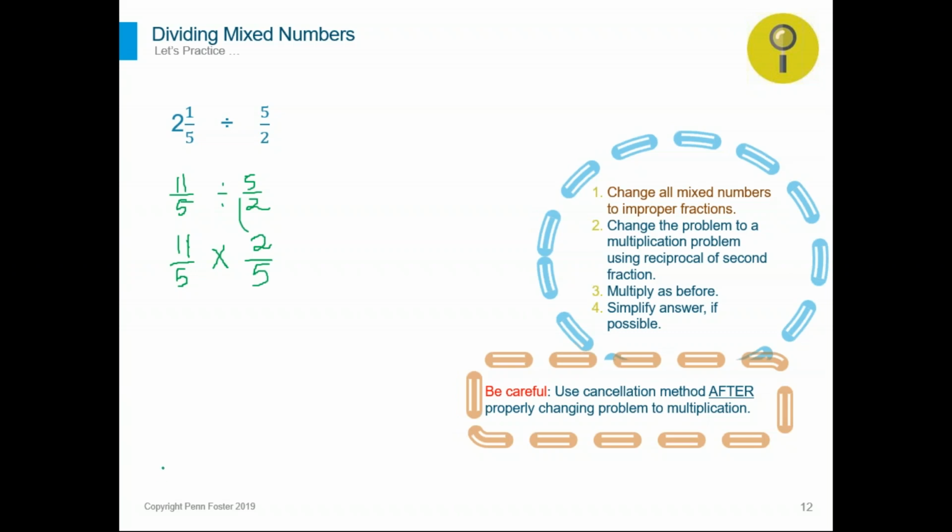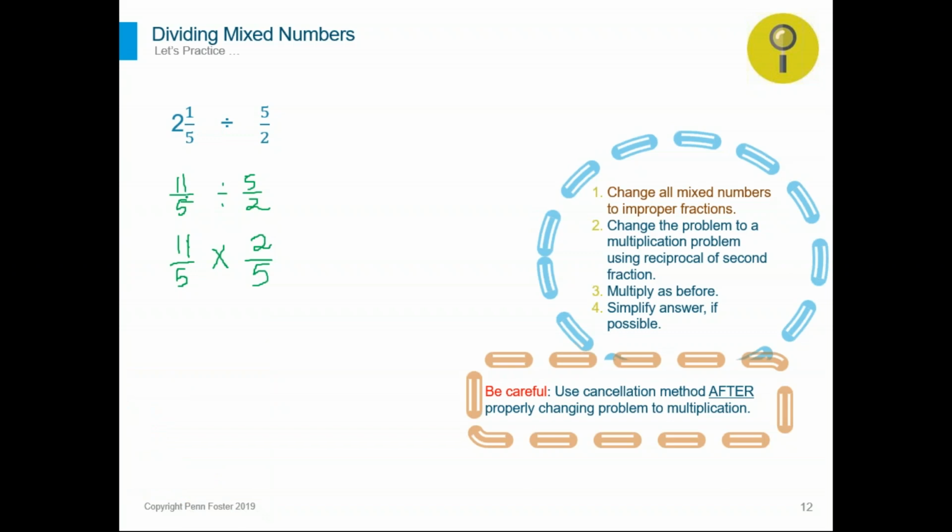Is anyone not clear about how I changed that problem to multiplication? Okay, I'm going to repeat that again because this is a key concept when we divide. We do the normal steps: change the mixed number to an improper fraction.